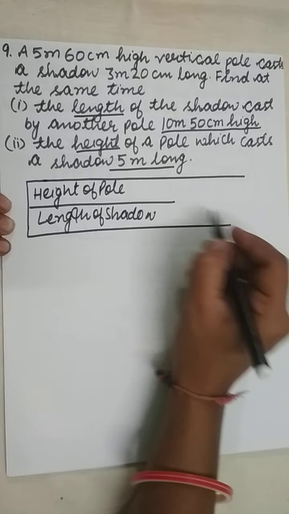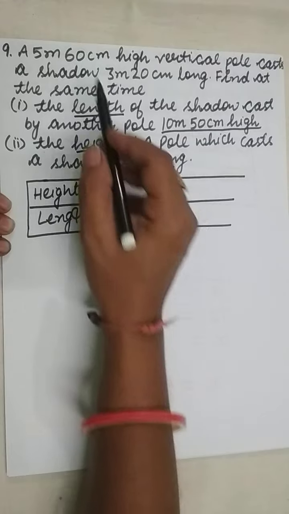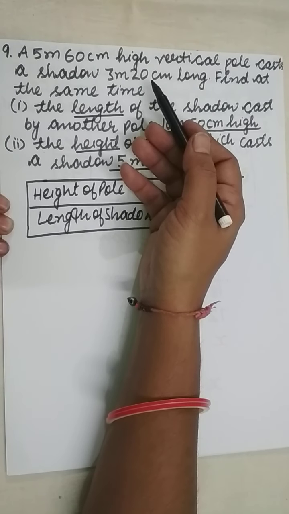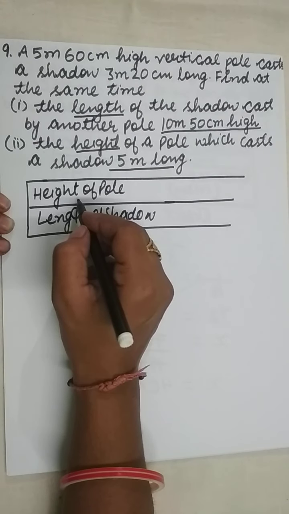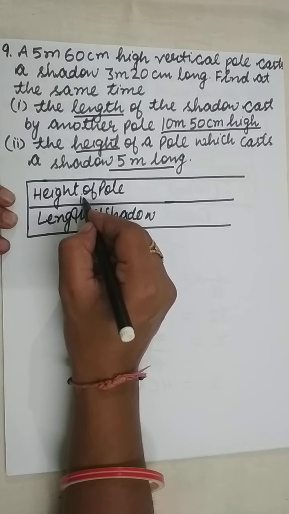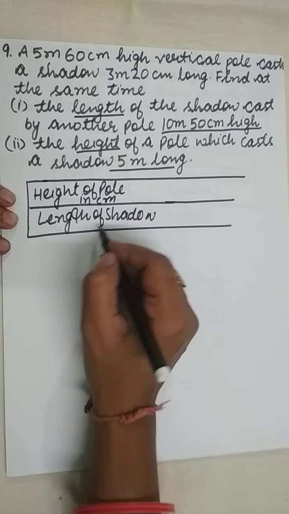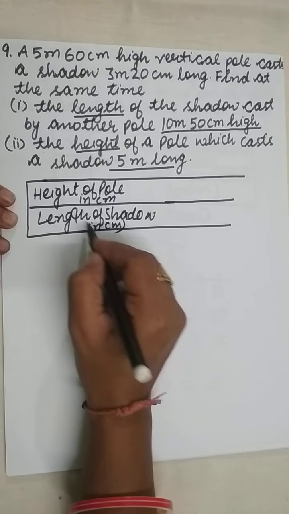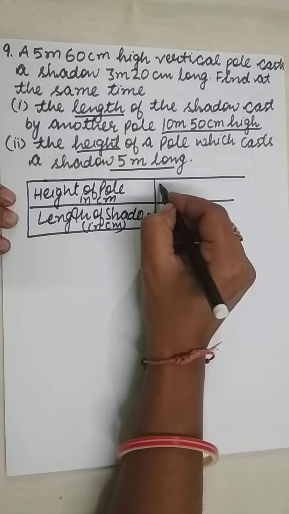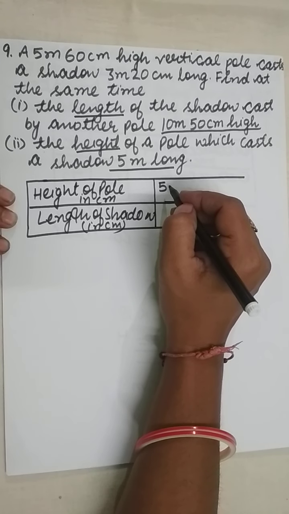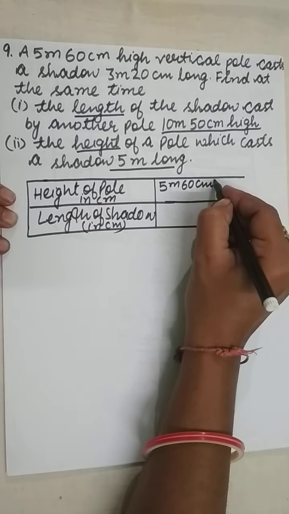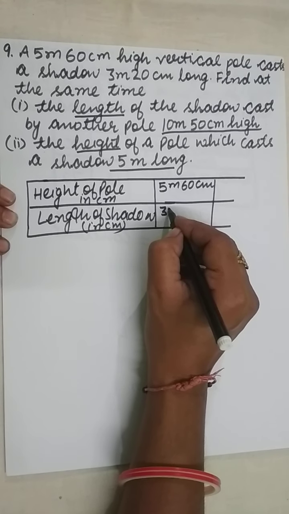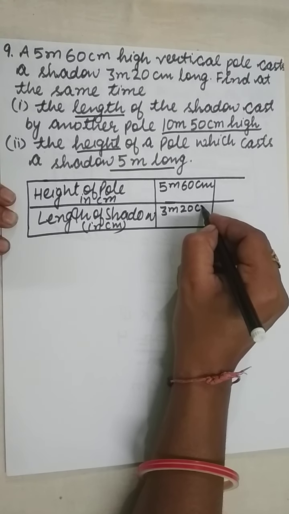As the dimensions are given in mixed forms, we will convert them into one unit, that is, we can write it in centimeters. Now firstly we will do the simplifications. We will convert 5 meter 60 centimeter in centimeters, and this is 3 meter 20 centimeter.